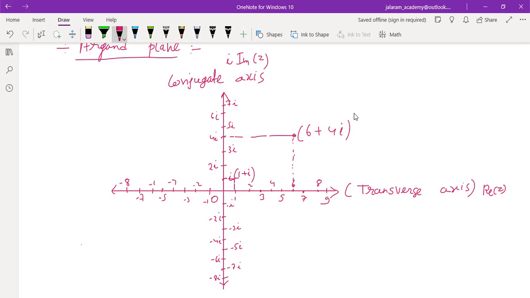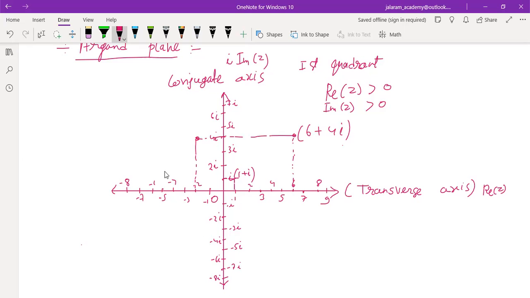Here, the real part of z is positive and the imaginary part of z is also positive. This is the first quadrant. Similarly, if we join these two, what should be the affix of this point?